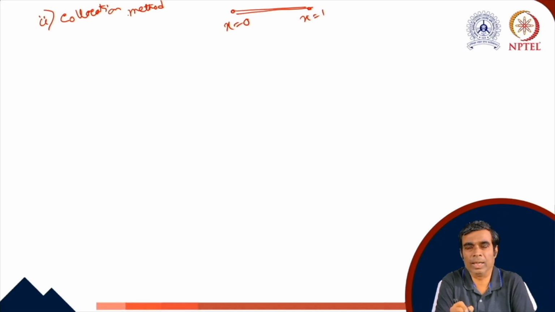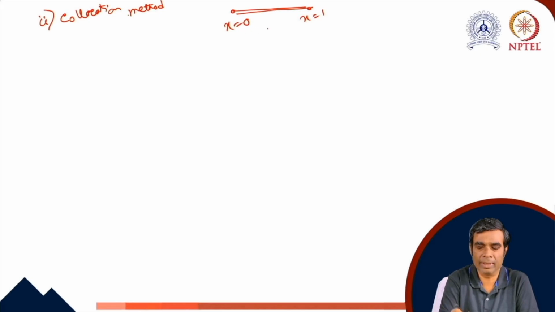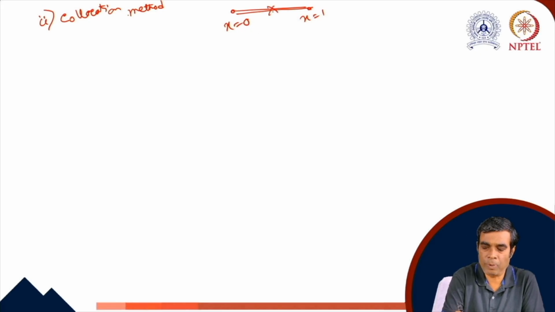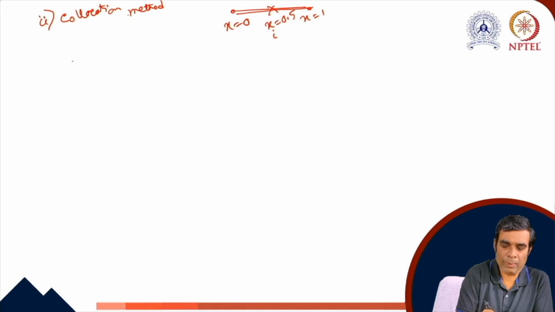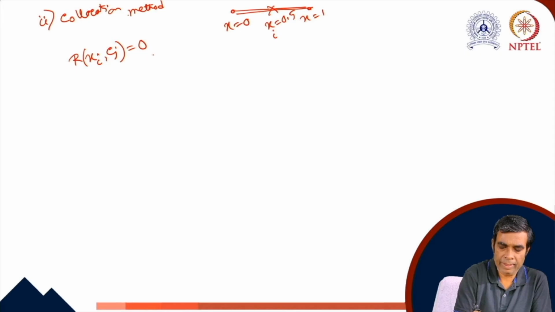So we have to select only one point for a single term approximation. For this case, the best point is the midpoint of the bar, which we take as xi equals 0.5. So xi is the collocation point. We have already shown that at the collocation point, the residual disappears. It means that here we have only one point.